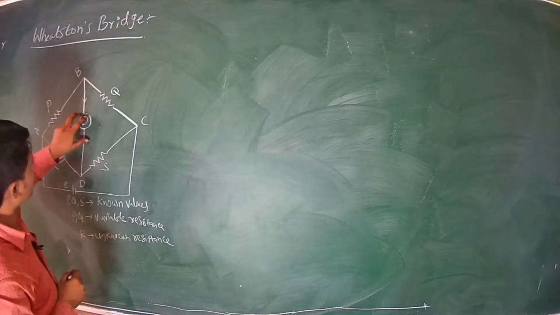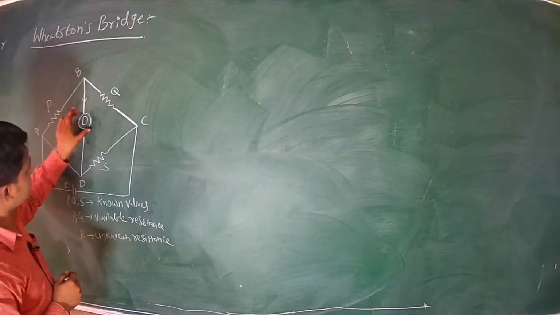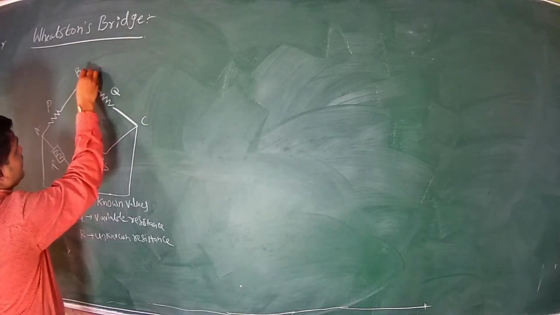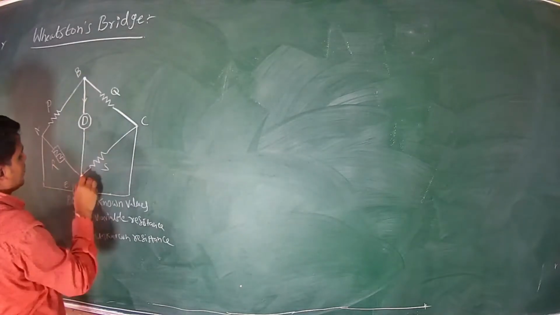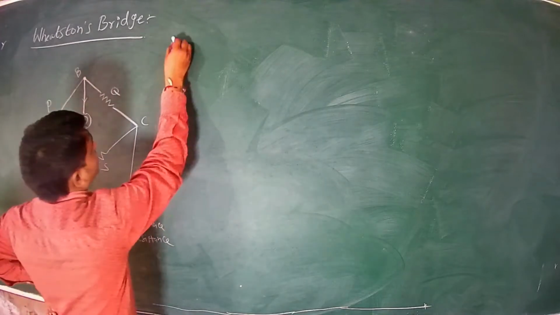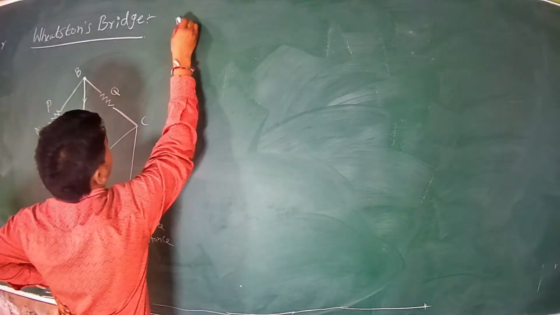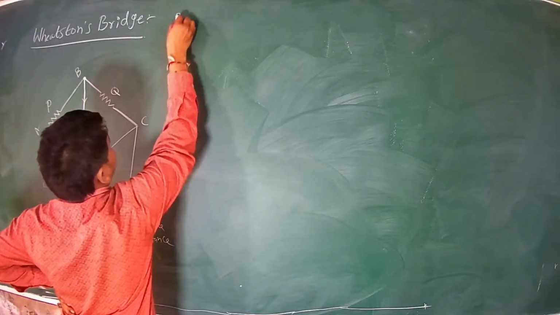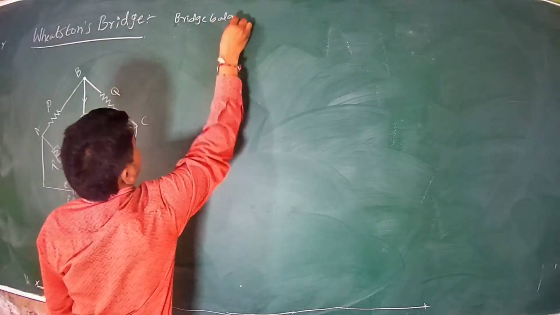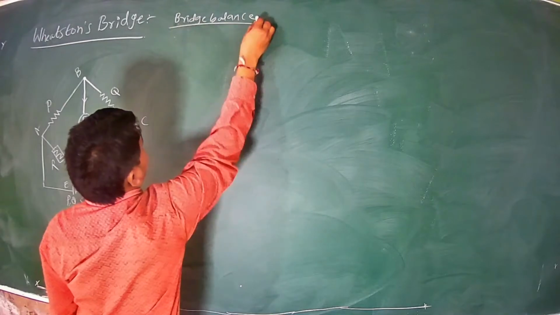When the current is 0, the potential at point B and the potential at point D are equal. That is the bridge balance condition we are deriving.